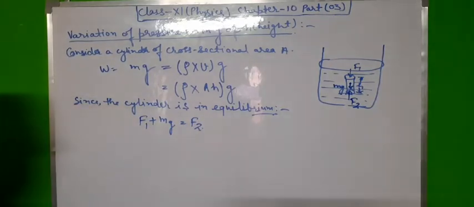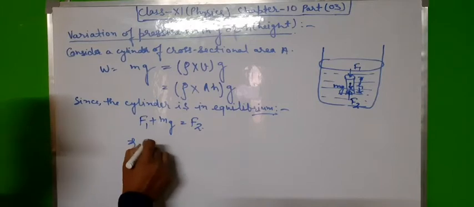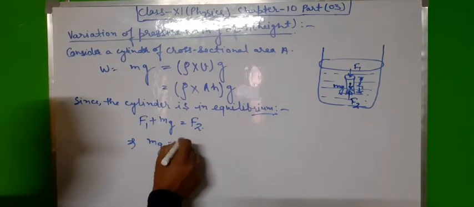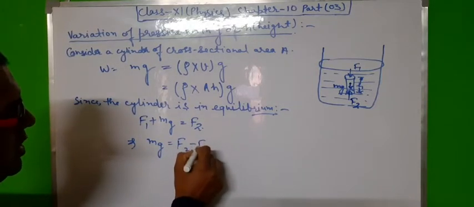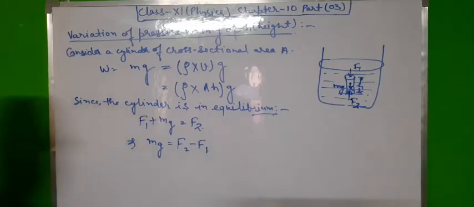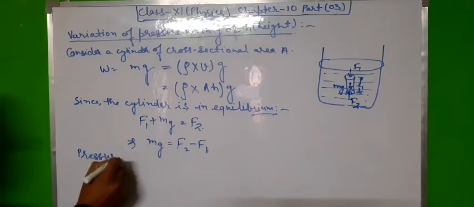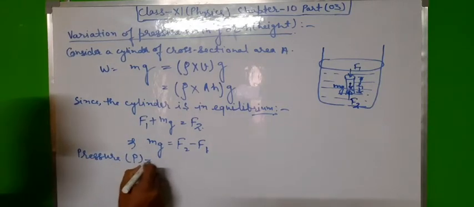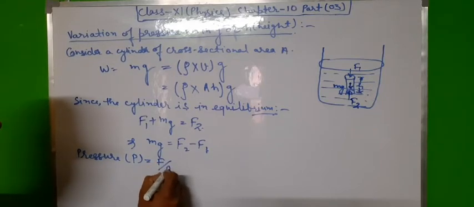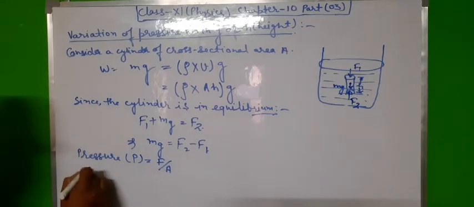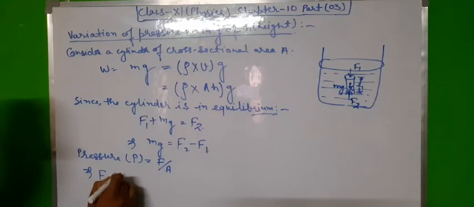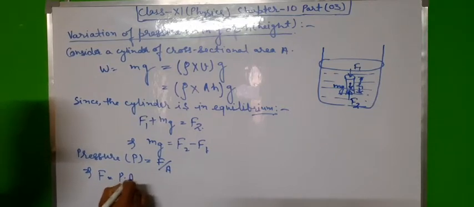Now we can write mg is equal to F2 minus F1. And you know that pressure P can be written as force upon area, so we can write force is equal to pressure into area.